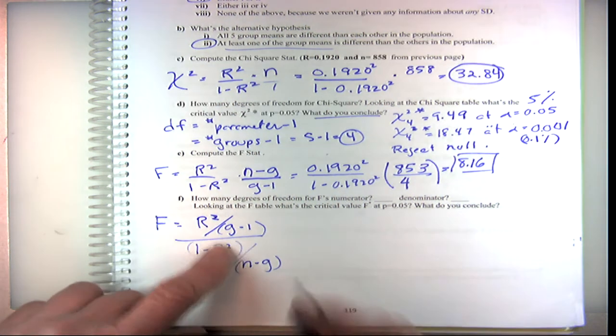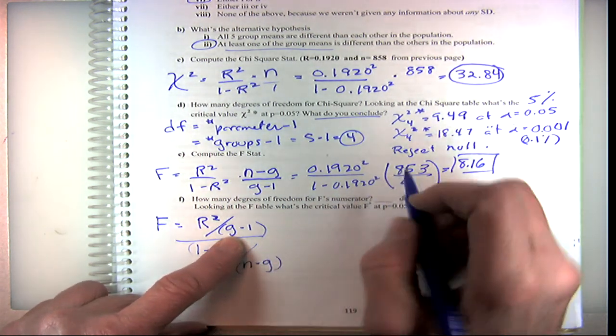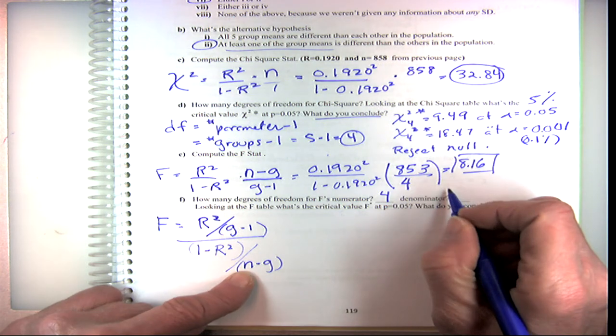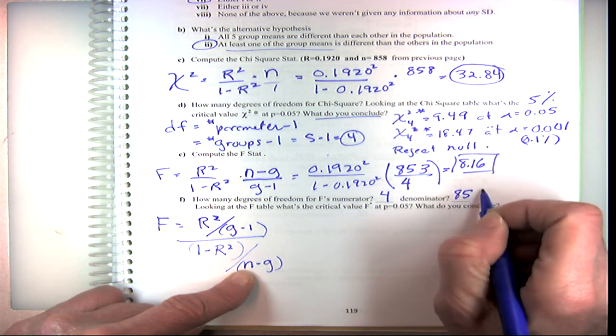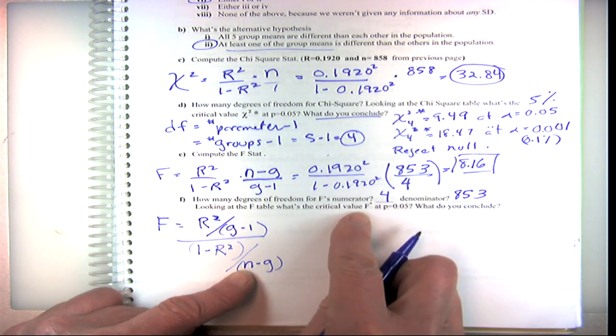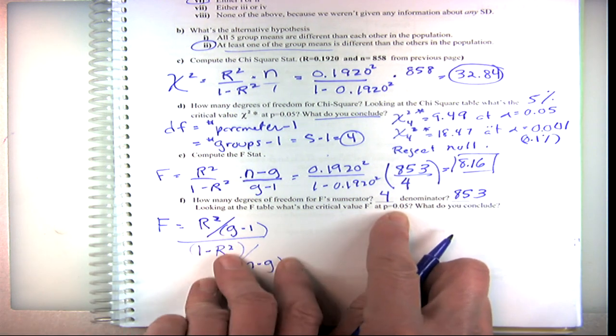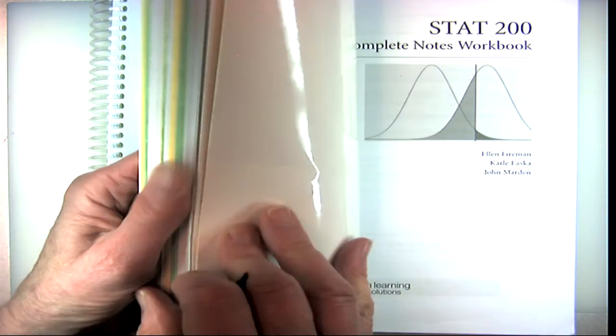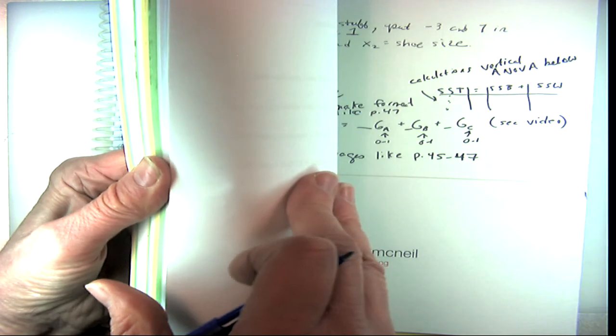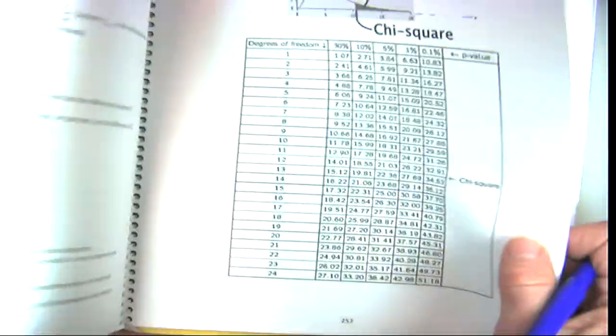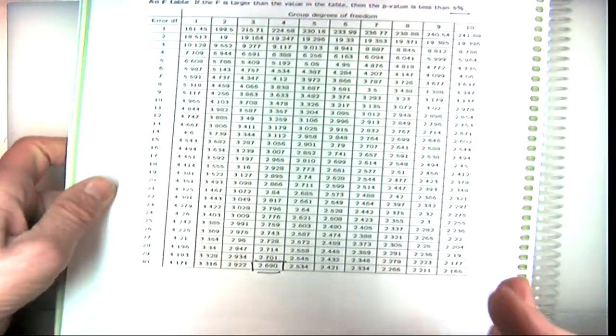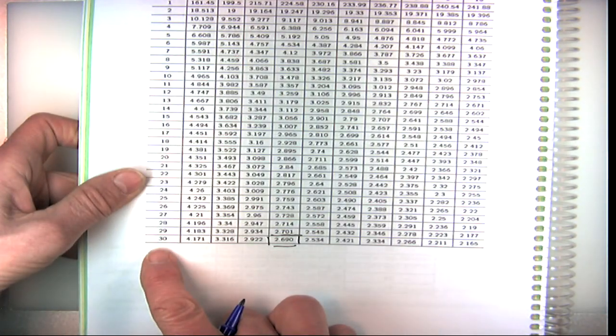And here we've got 4, and here we have 853. So looking at the F table, what's the critical value at 5%? Well, these F tables, you have 2 sets of degrees of freedom. That's going to make any F table super long, and this one doesn't go up that far for the denominator degrees of freedom.